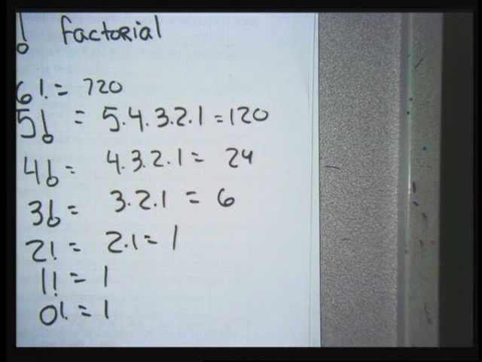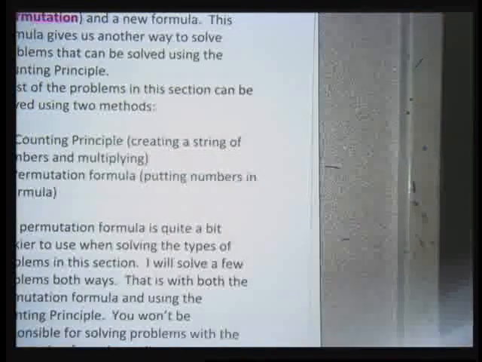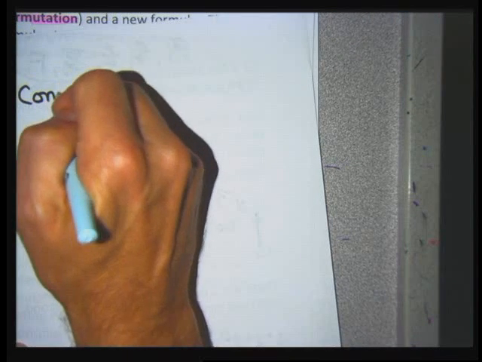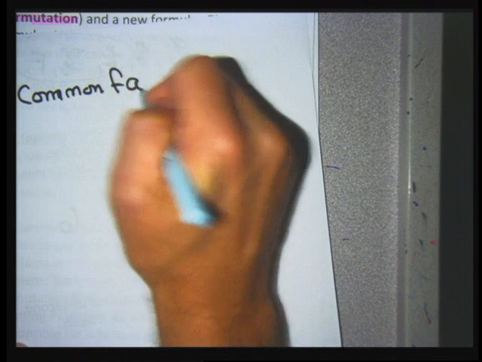You'll probably want to have this sheet handy, and I'll just duplicate this sheet for myself. Some common factorials. It'll be nice when we get to the last group of problems in this section to have these at our fingertips.